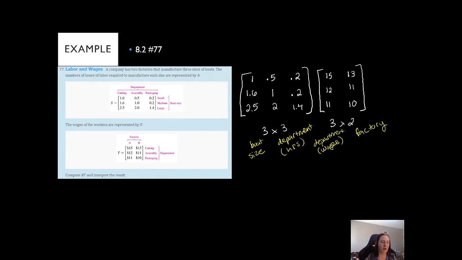So what we're going to end up with is a 3 by 2. We're going to have rows for each boat. We're going to have columns for each factory, and the actual numbers are going to be the total spent, the money for that amount of labor, because you're multiplying your wages per hour times the number of hours, so you're getting money as your output.